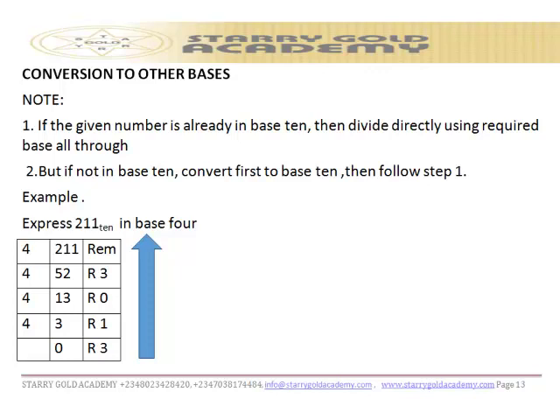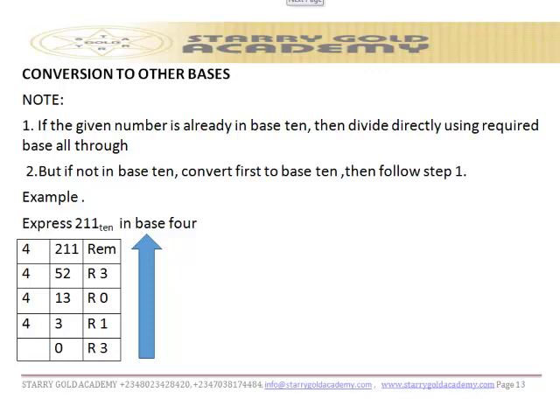This solution is only when you are converting to other bases. But if the number you are given is not in base 10, the first thing you do is convert it to base 10, then you can divide all through.